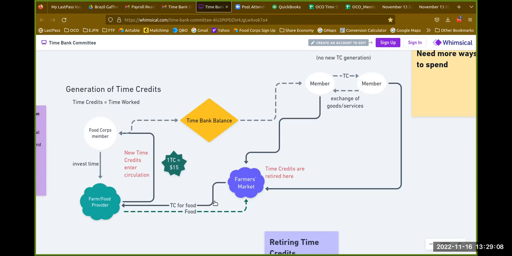And so any Food Corps member with a time credit can go to Mount Wolf's farmers market stall in Sororan, for example, and spend time credits at the Mount Wolf stall, but Mount Wolf is only obligated to accept up to 8 time credits in total, and after that, they can refuse to accept any more time credits, unless and until the Food Corps works more hours at Mount Wolf.